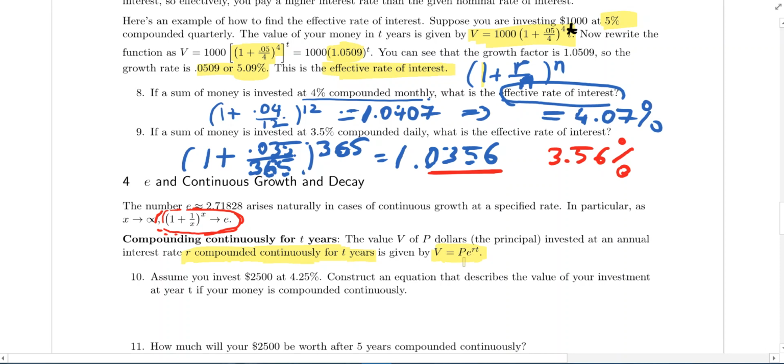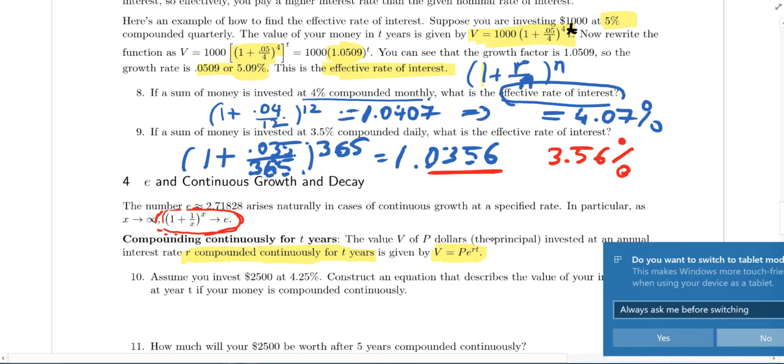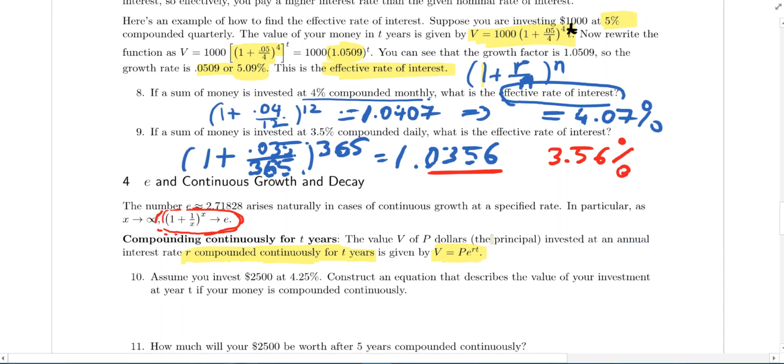Where P is your principal, R is the rate, and T is the time you're letting the principal stay in the account. So if you're investing 2,500 at 4.25%, and you're asked to construct an equation that describes the value of your investment at year T, if your money is compounded continuously, as soon as you see continuously, you're going to write the formula V equals PERT.